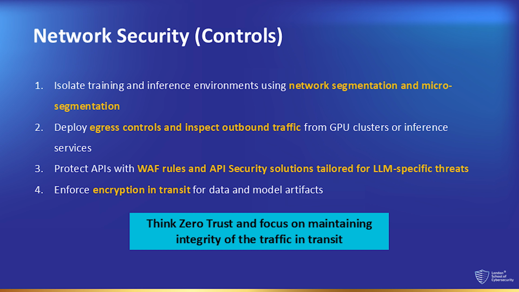Okay, then if you have web application firewalls and API security solutions, start thinking about how you can protect the AI APIs and how you can bring in the concept of monitoring or protecting for LLM-specific threats.